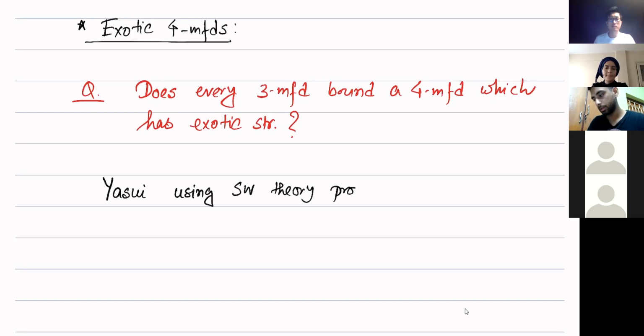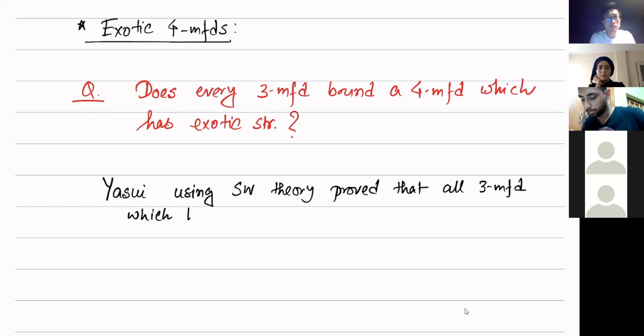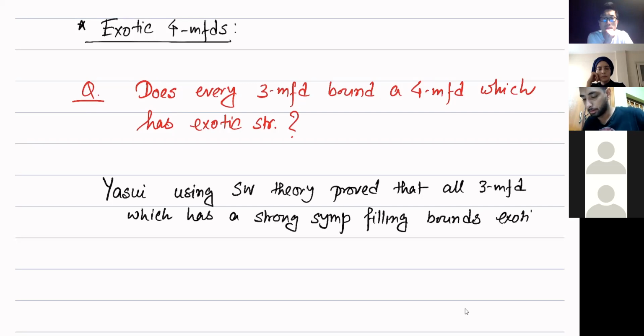proved that all 3 manifolds which have a strong symplectic filling bound exotic 4 manifolds.